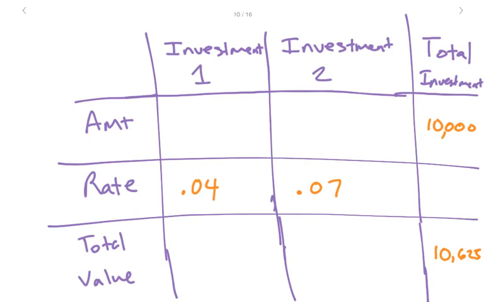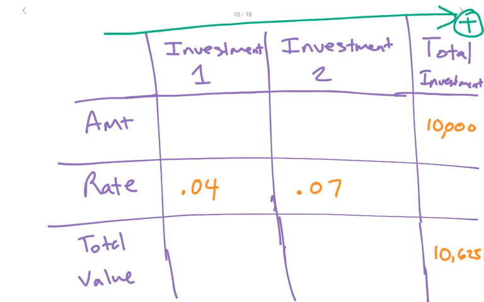Okay. So going across in this chart, we're just going to add, right? I don't know what's invested at investment 1, but if I did, and if I knew how much I was investing in investment 2, and added them together, that would have to equal the total investment, which is 10,000.